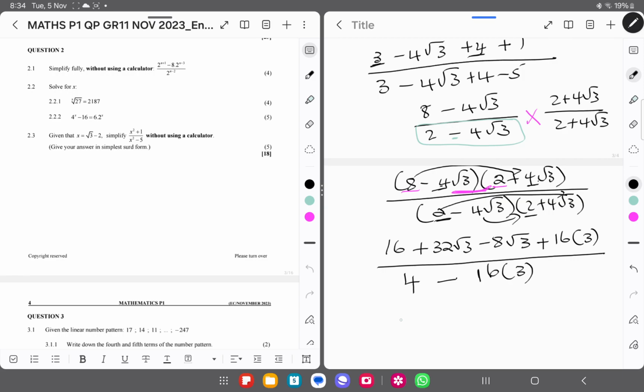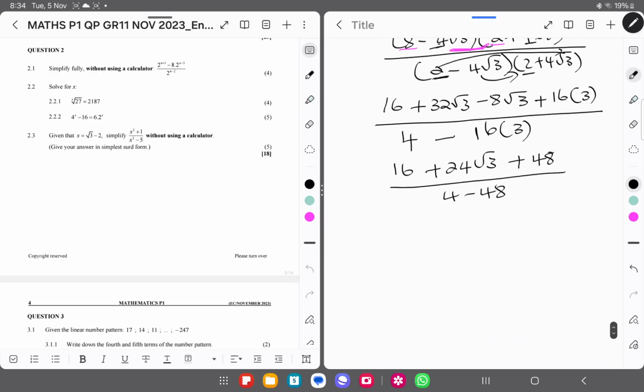Good. The top part, I will have 16. 32 minus 8, you're getting plus 24 the root of 3. 16 times 3, okay, plus 48 over 16 times 3. Then we get 4 minus 48. This will then be 24 the root of 3.